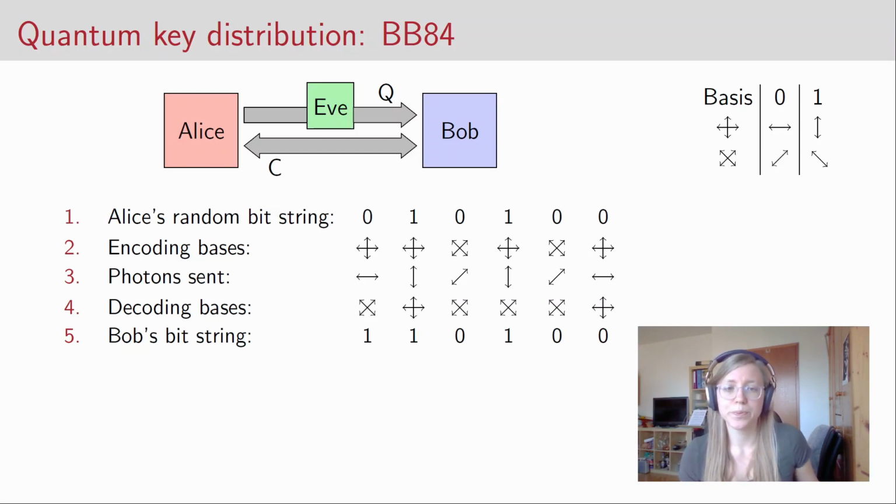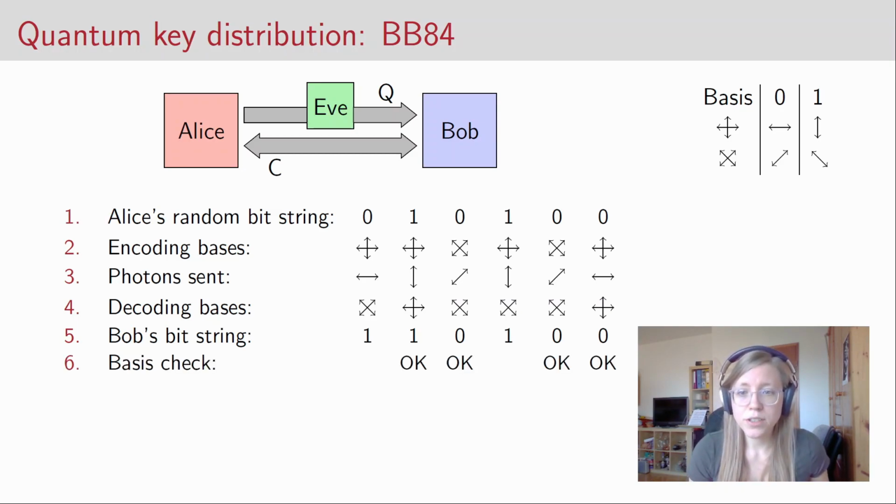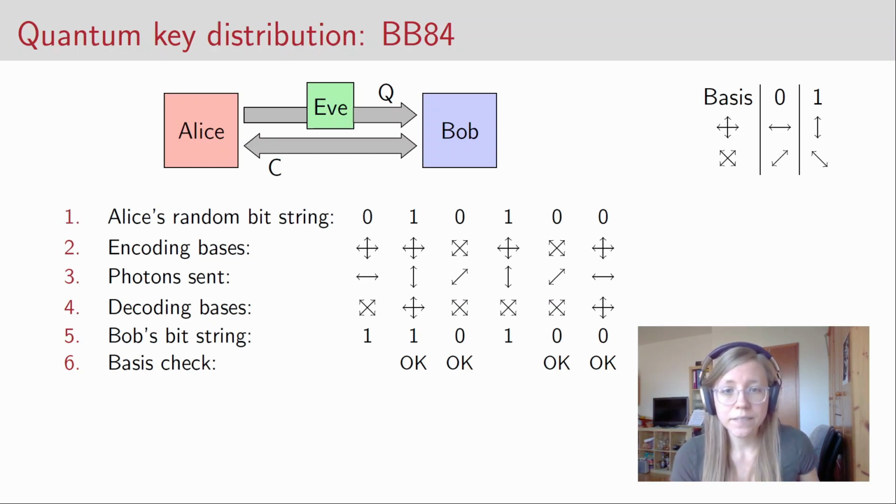So what do they do? Well, first, they check at which points they have chosen different bases. So Bob announces his choice of basis, and Alice then says okay or not okay. And as you can see here, for the first and the fourth bit, Bob and Alice have chosen different bases.